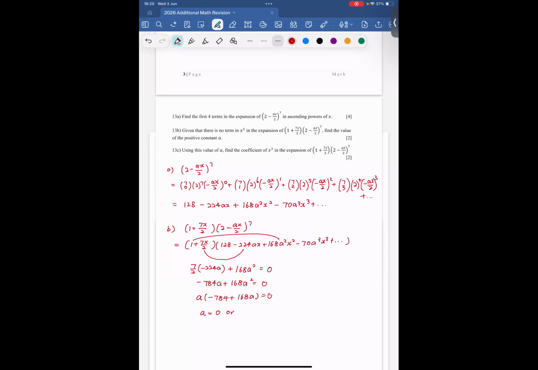Can anybody tell me if anything is wrong? 784 divided by 168, not a nice number.